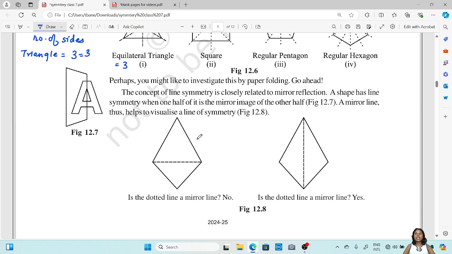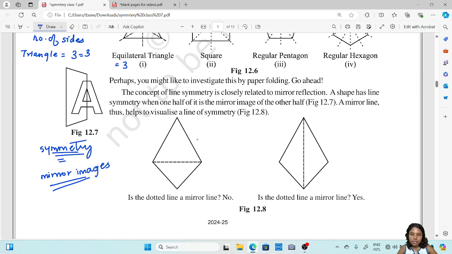So what they are saying is, when do we say an object has symmetry? When they are mirror images of each other. If they don't have mirror images, then they are said not to have symmetry.